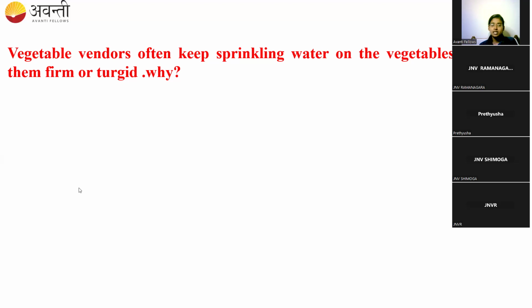So what is the reason for sprinkling that water on the vegetables? Any idea? Why are they sprinkling the water?